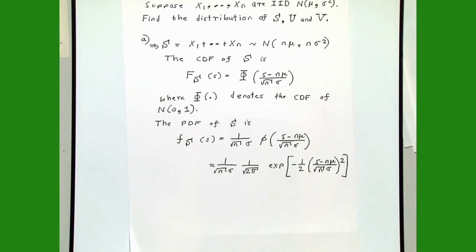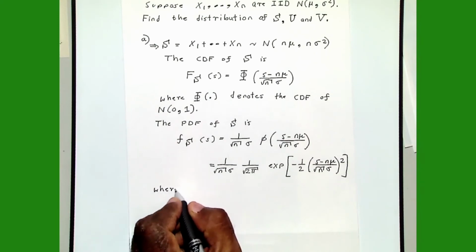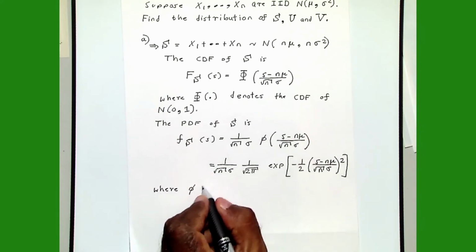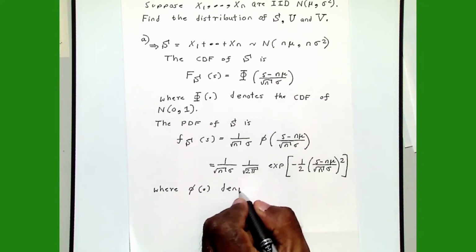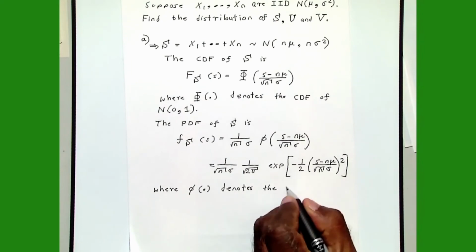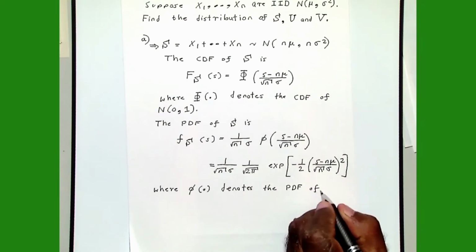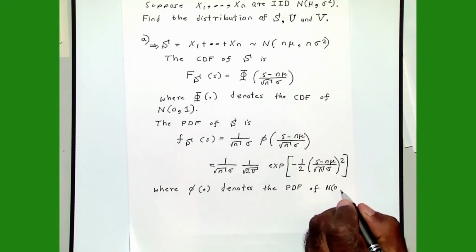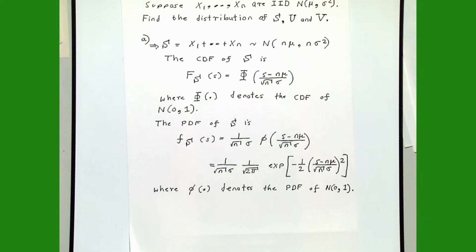Okay. So where, let me write again, little phi denotes the PDF of the standard normal variable. Okay, so that's part A.